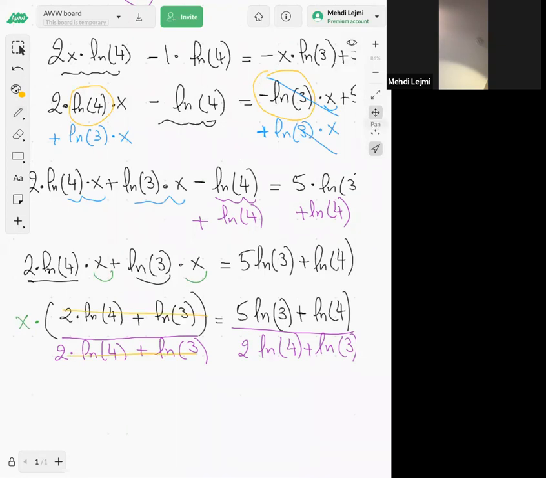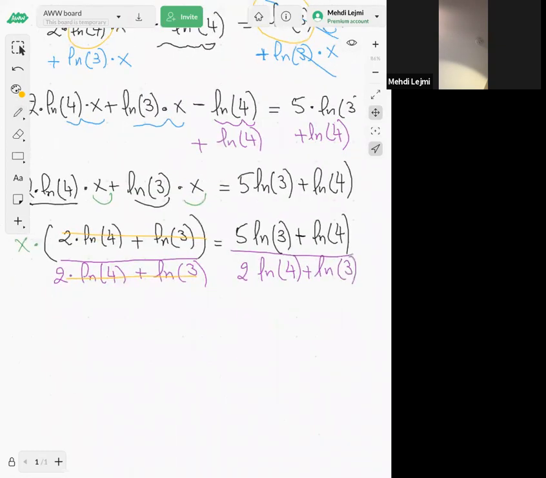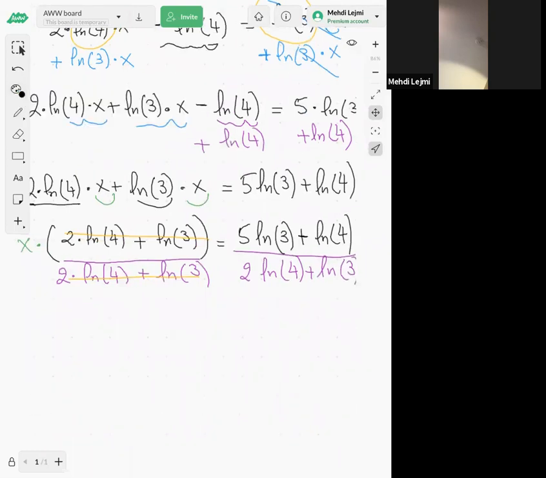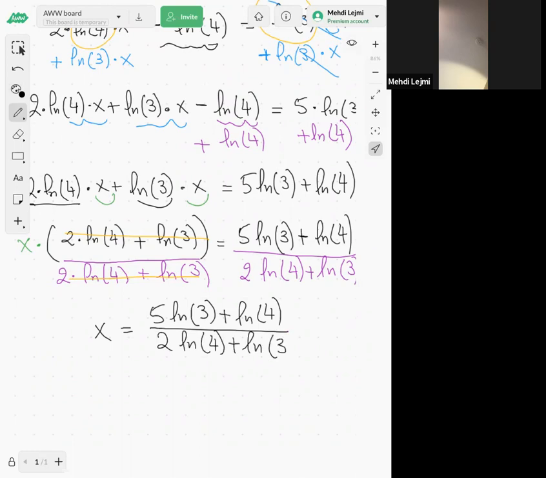So now it's just x on the left, and on the right, we have 5 natural log of 3 plus natural log of 4 over 2 natural log of 4 plus natural log of 3. Right?